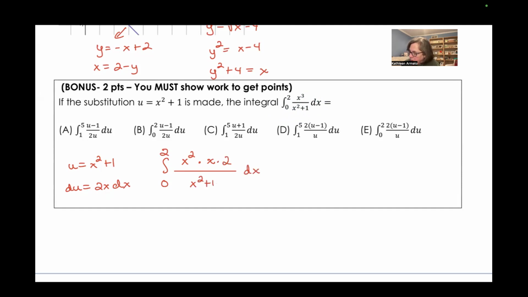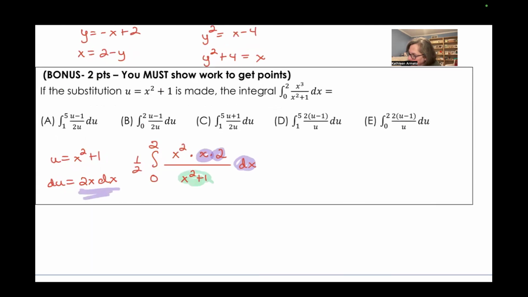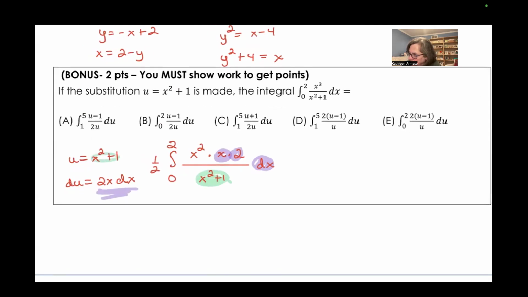I also need a 2. Okay, so 2x dx. I got the 2x dx. The x squared plus 1, that's going to be my u. I still have x squared here.